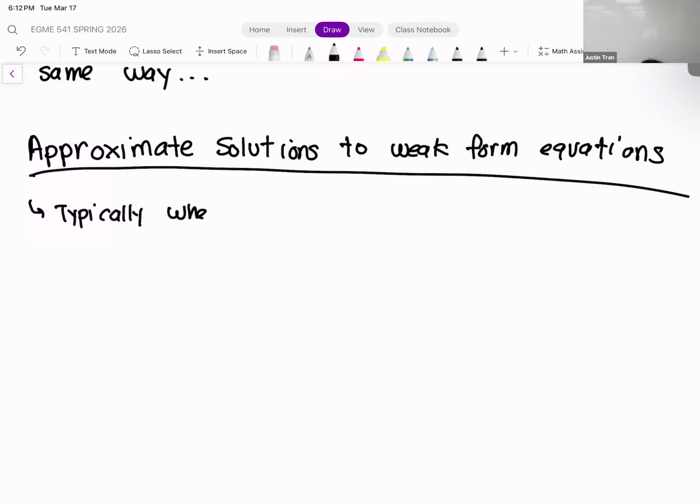So when you're finding strong form solutions, you just solve the problem. You don't stop and think, what if our solution looks like this?